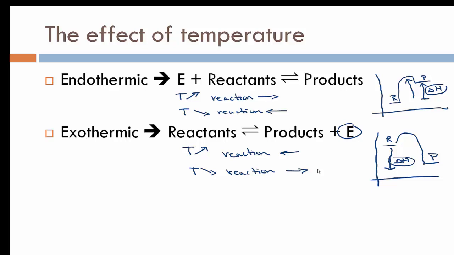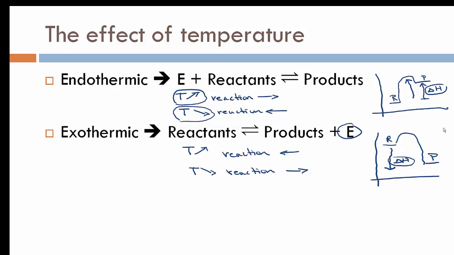But in all cases, increasing temperature shifts the reaction away from the side with higher energy, and decreasing temperature shifts the reaction towards the side with higher energy. Okay, so there are other ways to view exothermic and endothermic reactions that help explain Le Chatelier's principle, probably a little bit more accurately.